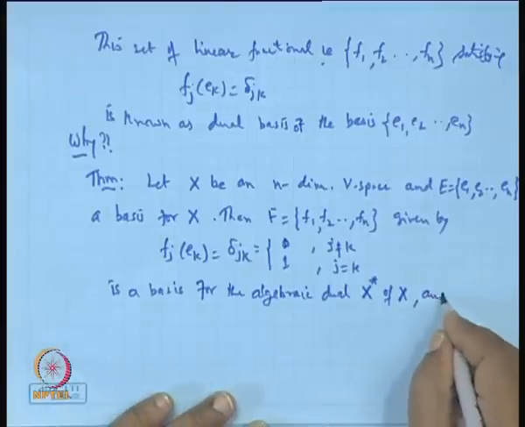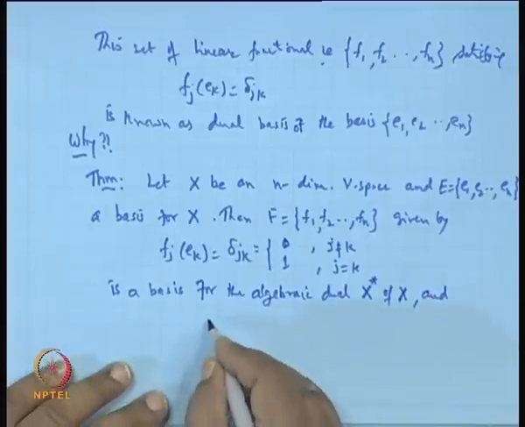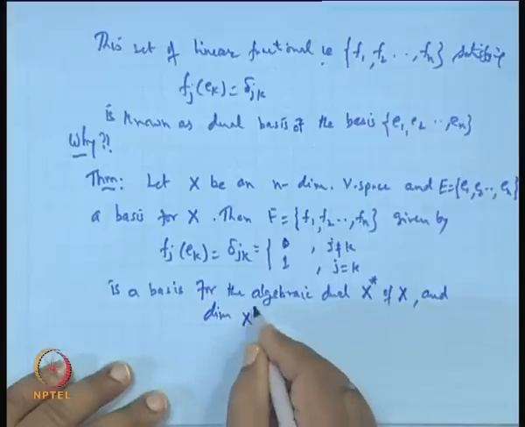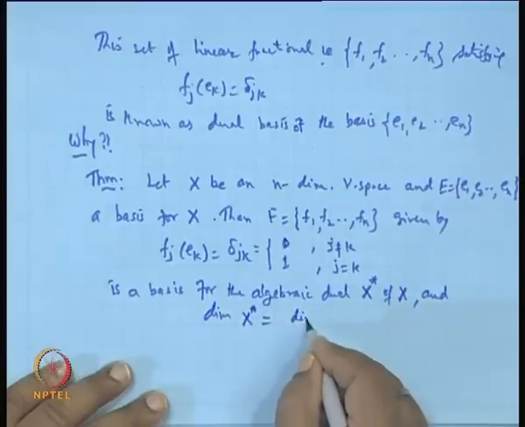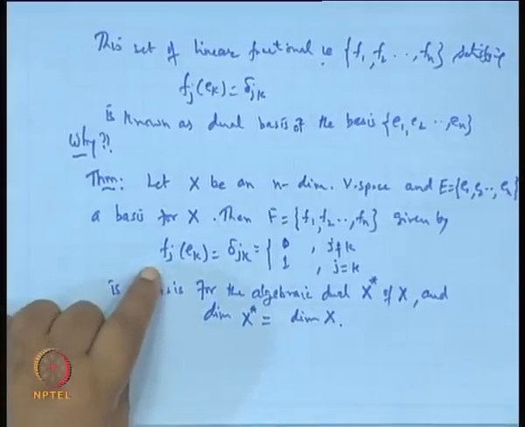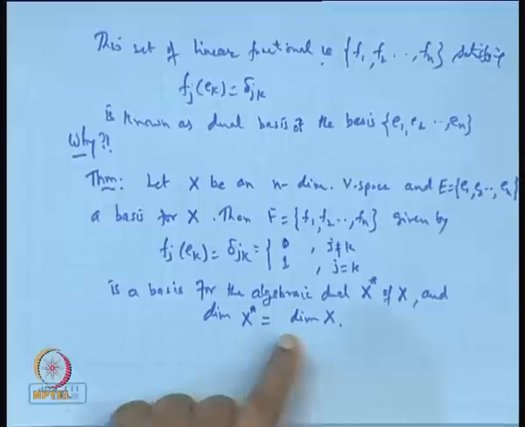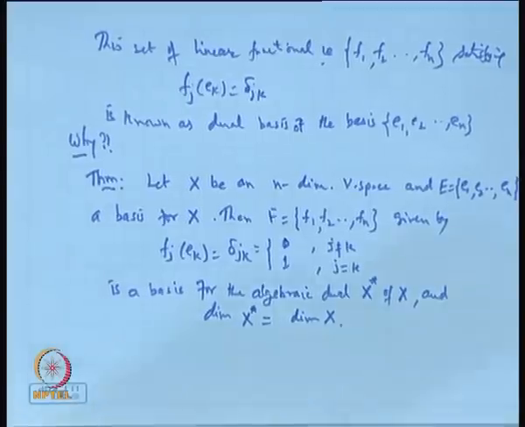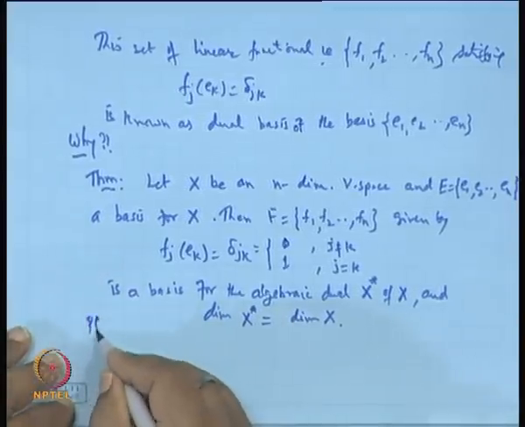And not only this, the dimension of x star will be the same as the dimension of x. Okay. So, this is true in case of finite dimension. If x is a finite dimensional space, then we can find the algebraic dual for it and the dimension of x star and dimension of x will be the same. Let us see the proof.